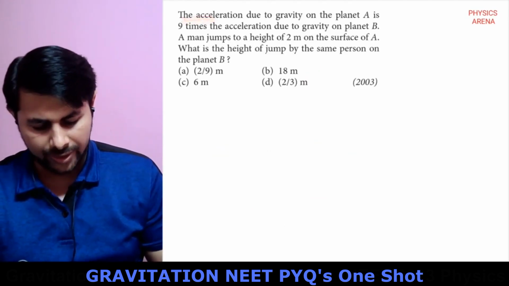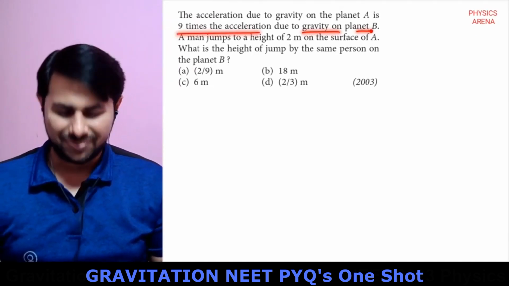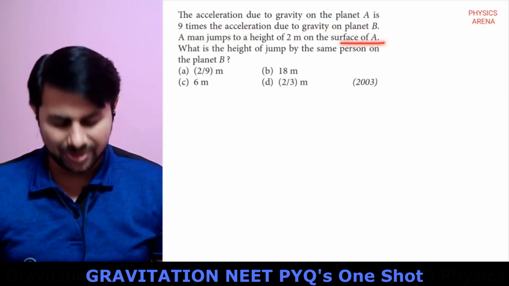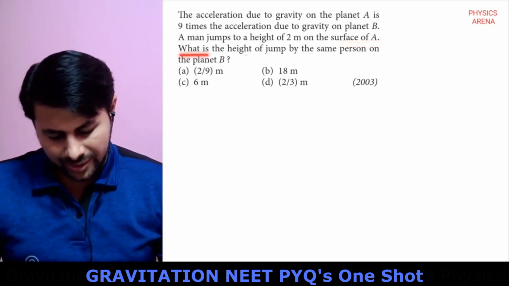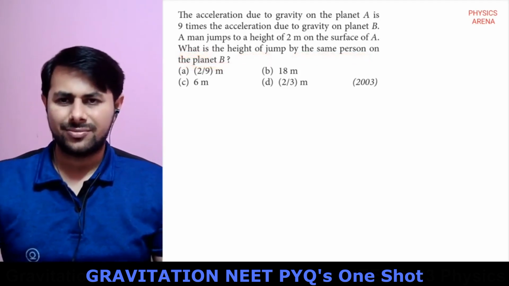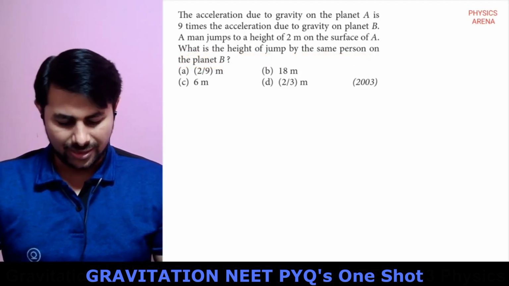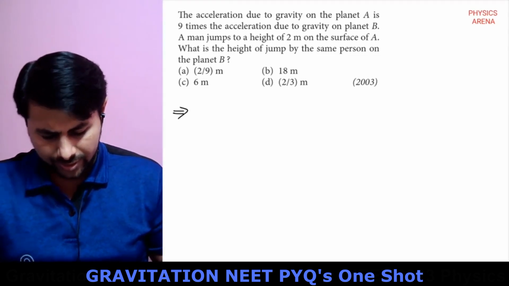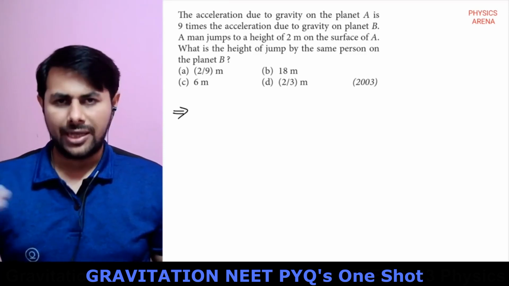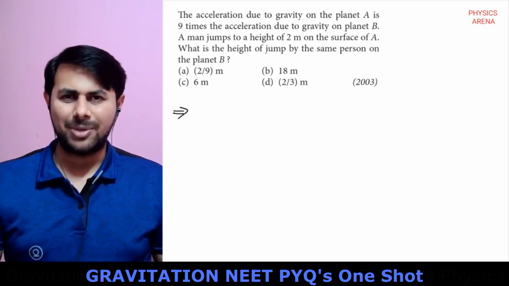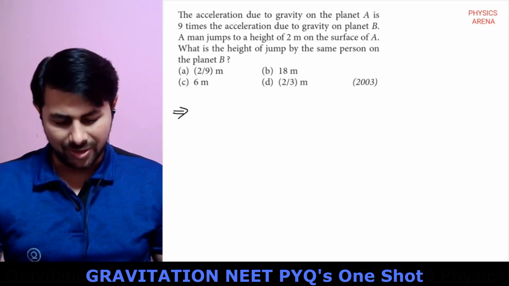The acceleration due to gravity on planet A is 9 times the acceleration due to gravity on planet B. A man jumps to a height of 2 meters on the surface of A. What is the height of the jump by the same person on planet B? Can you tell? Suppose the same man jumps with the same velocity on both planets. Till what height will he go?